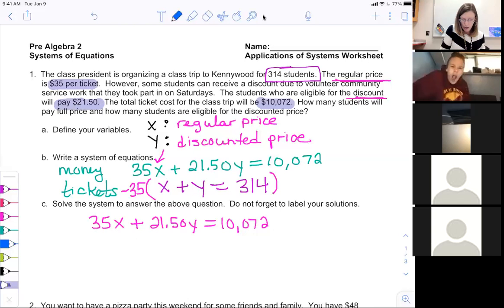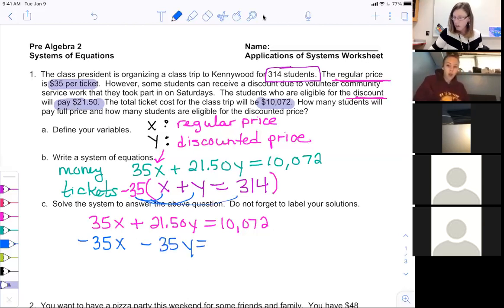And then multiplying the negative 35 through. And I'm going to make sure that I multiply this one correctly this time. 314 times negative 35. So I'm going to leave this for you to finish.